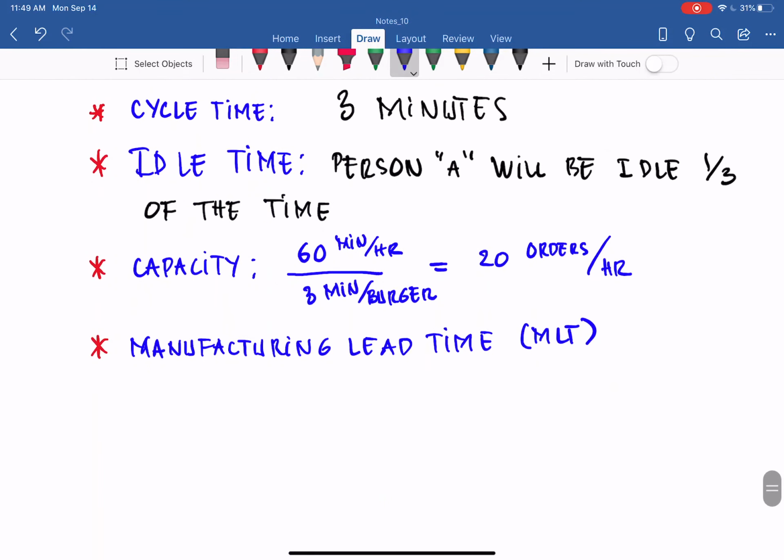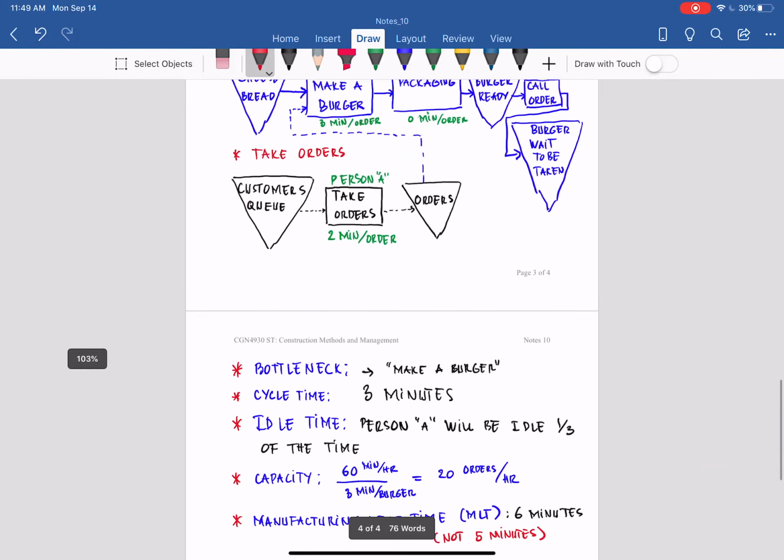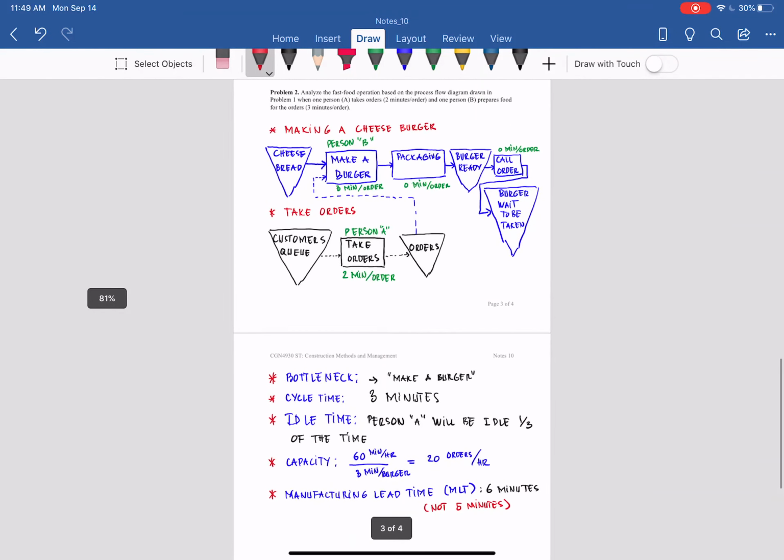So keep that in mind. Those are a few key measures to determine in process analysis.